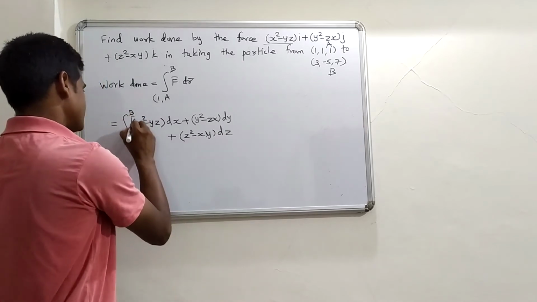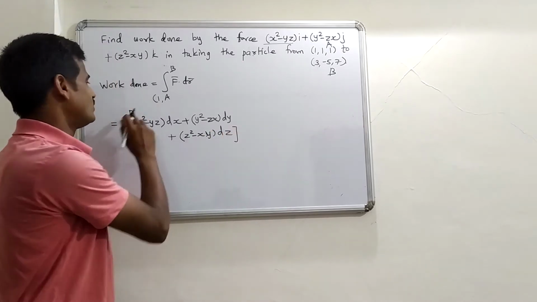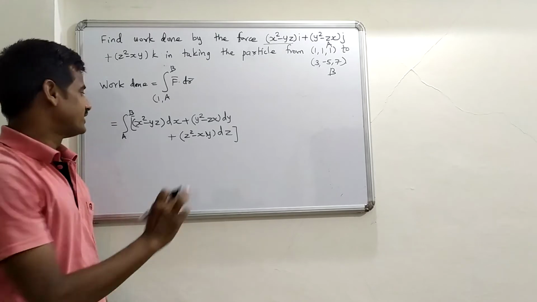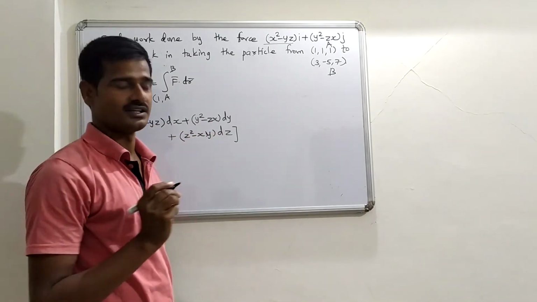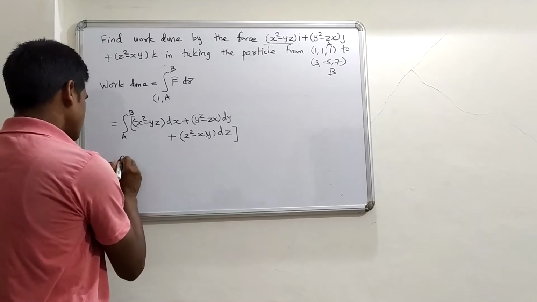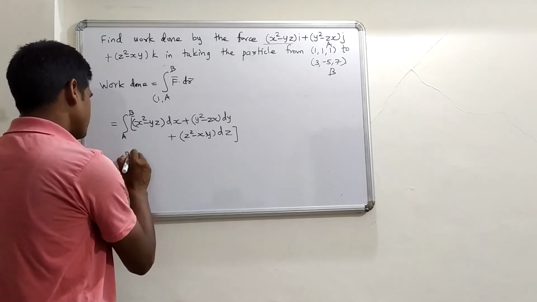So this is the integral from A to B. Since they have not mentioned any path, F bar has to be conservative.